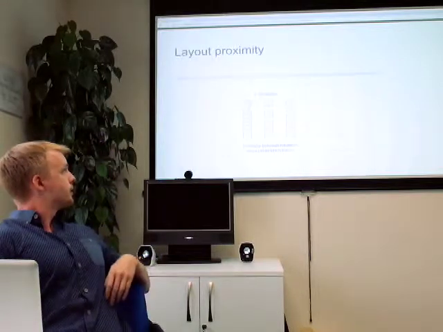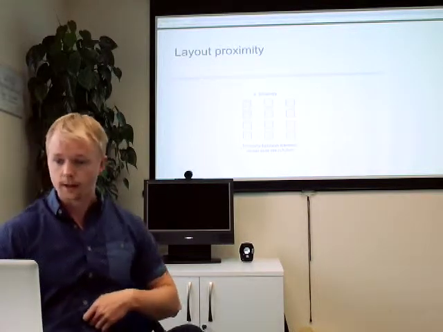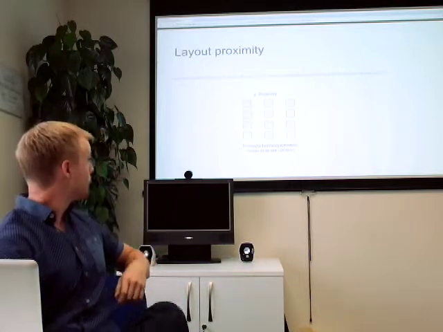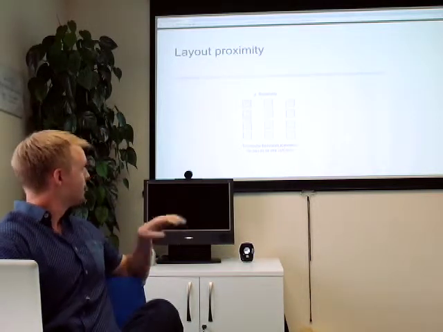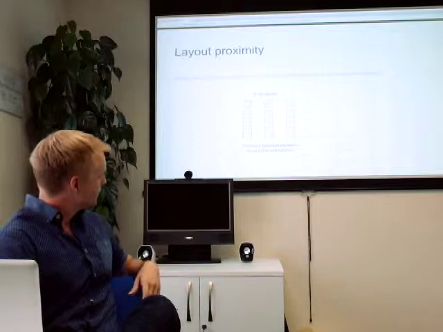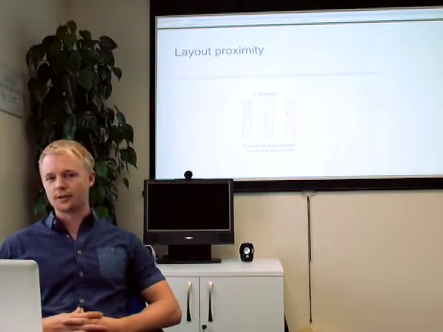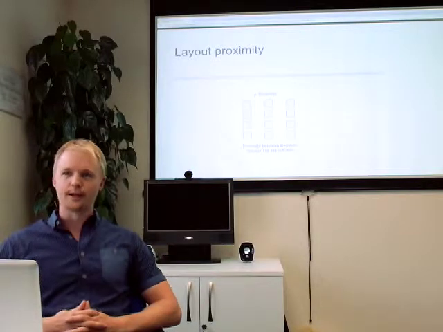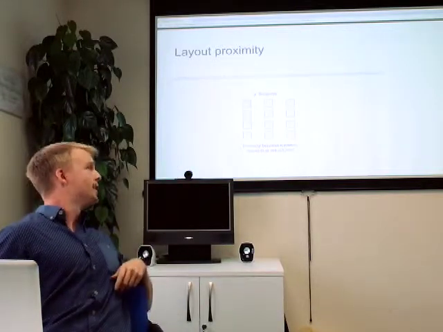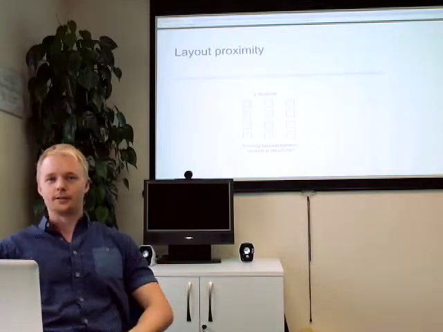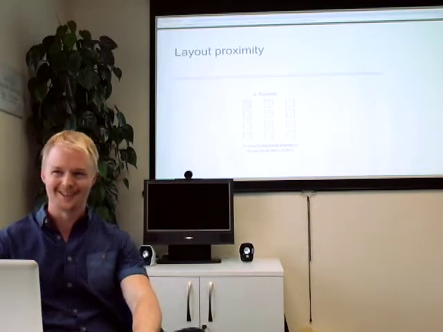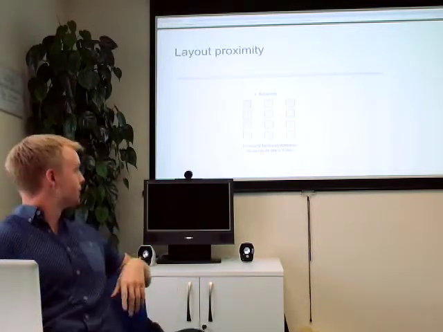So the first concept of the visual hierarchy is the layout proximity. I've taken the phrase "good artists steal" to the maximum here, so I didn't actually create all those nice images that you're about to see. I've just stolen straight from the course, so hopefully I won't get sued.